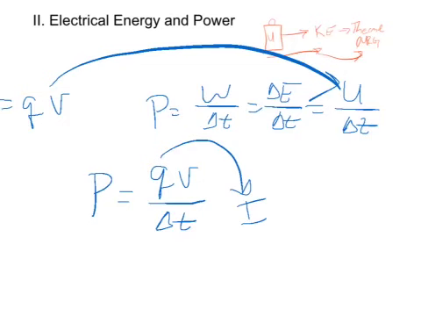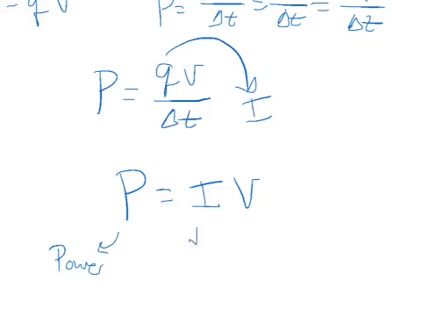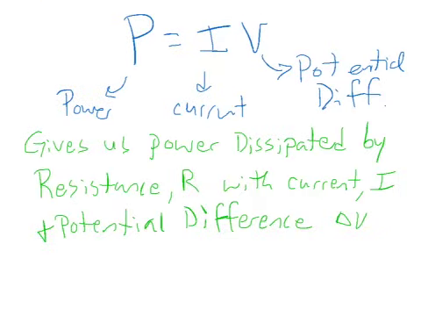So substituting in the current for Q over T, we end up with power is equal to IV, where P is our power, I is our current, and V is our potential difference. And this is going to give us the power that's dissipated by some resistor with a current going through it, and from some potential difference.